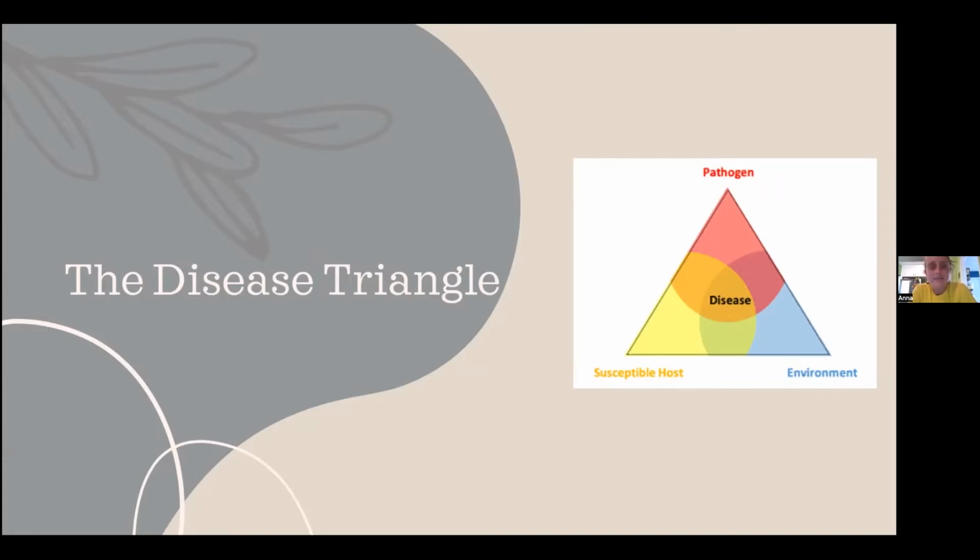That's environmental conditions that are conducive to disease transmission. And we'll talk a little bit more about that. That becomes very important here in South Louisiana when it comes to preventing or managing a lot of diseases that we might encounter in our landscapes. So keep this disease triangle in the back of your mind, that we have to have all three of these things for disease to occur.